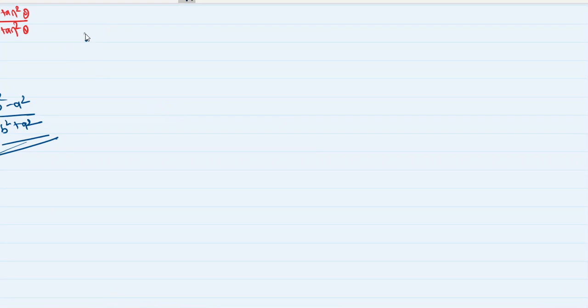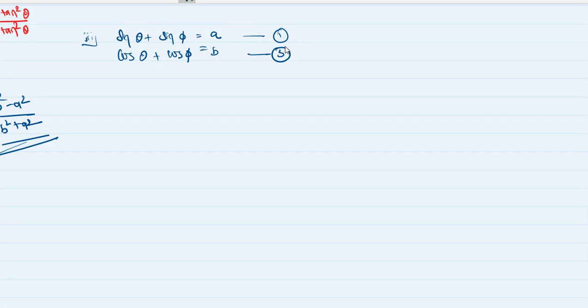Okay, so you had one equation in the beginning. You had this equation which was sin theta plus sin phi is equal to a, equation 1, and cos theta plus cos phi is equal to b, which was equation number 3.